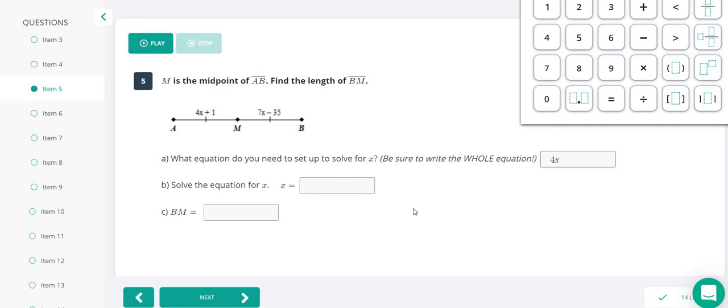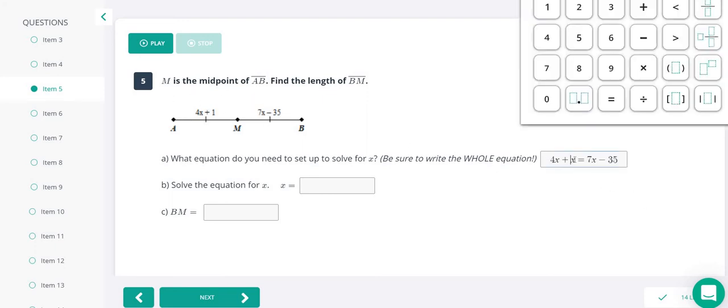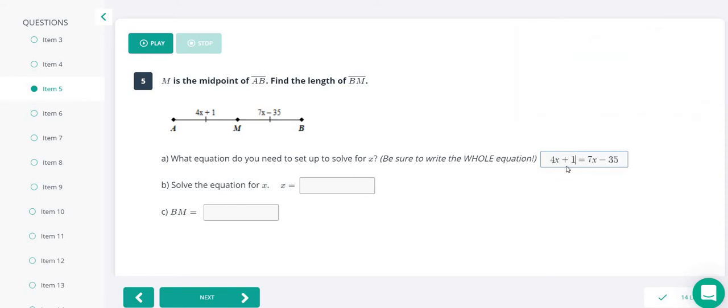So 4x plus 1 equals 7x minus 35. So that's going to be our equation. We're just saying that these two are equal to each other. And now, oops, I didn't mean to write x there. 4x plus 1, and then equals 7x minus 35.